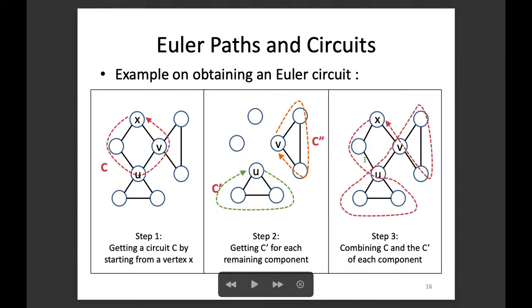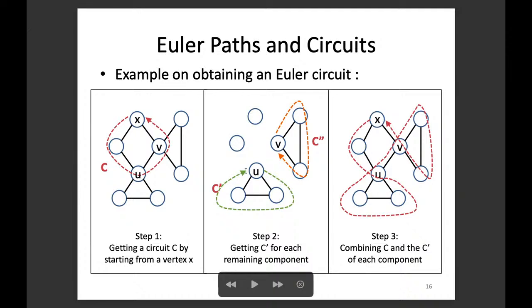We can walk along the original graph at the first circuit that we tried to remove, but when we hit a vertex that is joining some edge that is not removed, then we go along this vertex to walk along all the edges joining to it. Let's say we walk along this red one, and then go up to this vertex U, and then we see that we have not walked along the other edges outside C, so we can do so by walking along these green edges here. This is done because of the induction hypothesis.